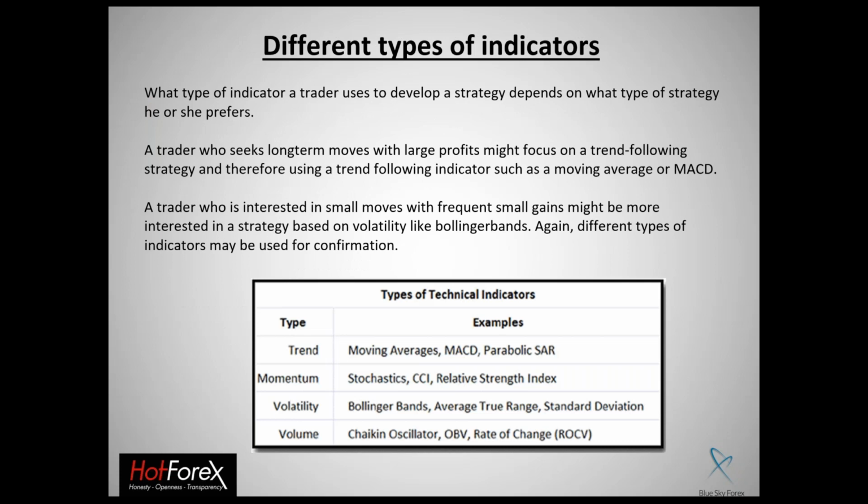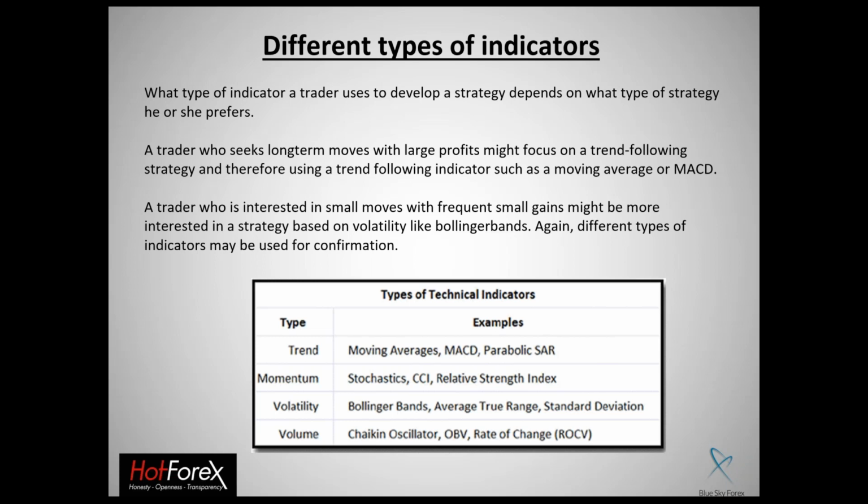Now let's take a look at different types of indicators. If you are developing a strategy and want to incorporate a technical indicator into it, you will need to find a certain indicator that really suits your trading style and needs.